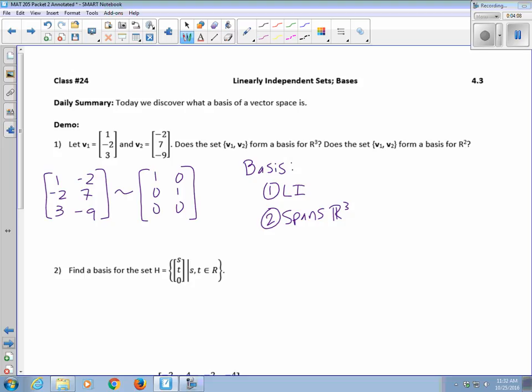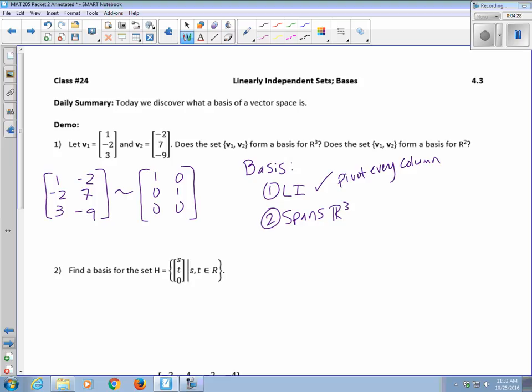Do I have linear independence? Yes, because there's a pivot in every column. I'll write it down: pivot in every column. But does it span R3? No, because I don't have a pivot in every row.